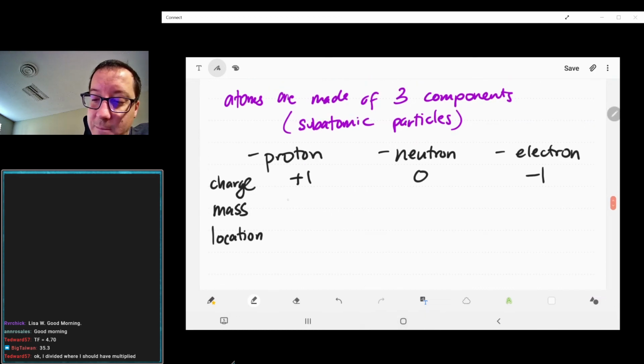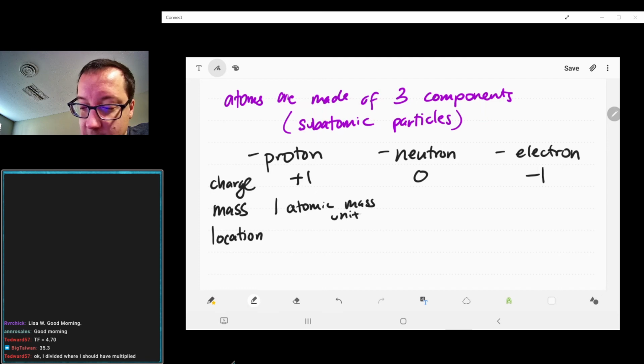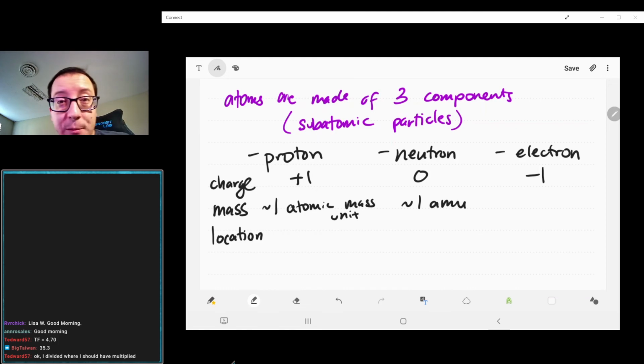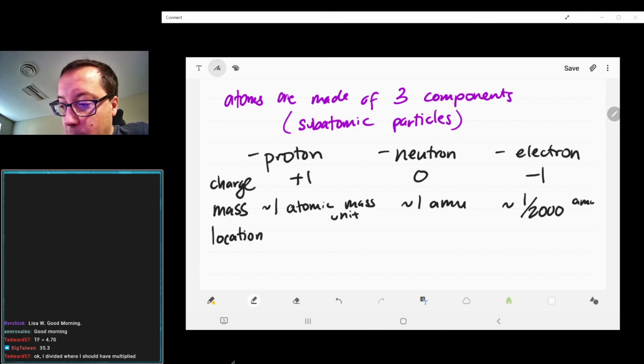We're going to say that the mass of a proton is 1 atomic mass unit, or roughly 1 atomic mass unit. A neutron will be the same. Neutron is actually a little bit heavier, but we don't need to worry about that right now. And an electron is about 1/2000th the mass of a proton or neutron.